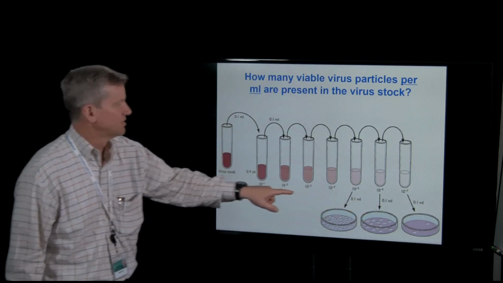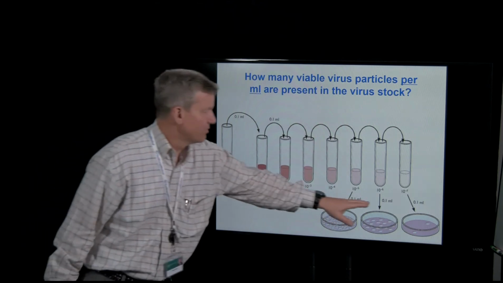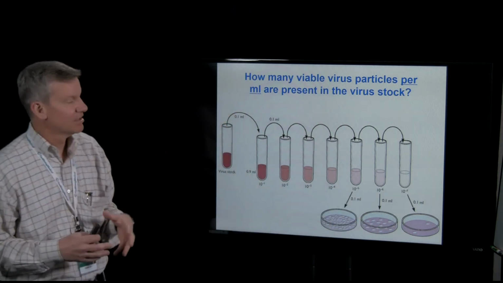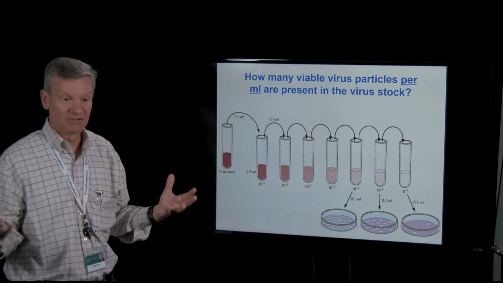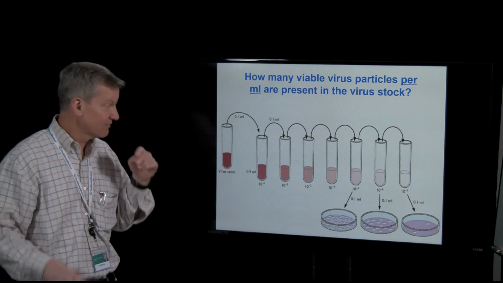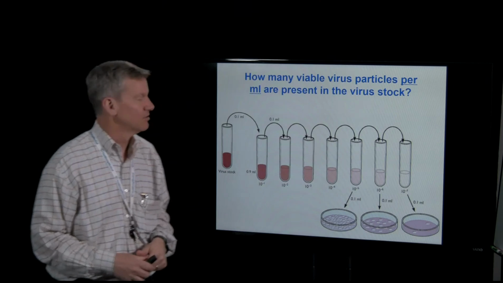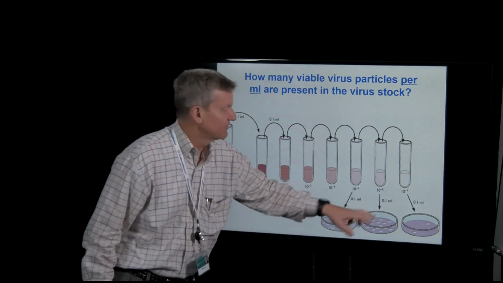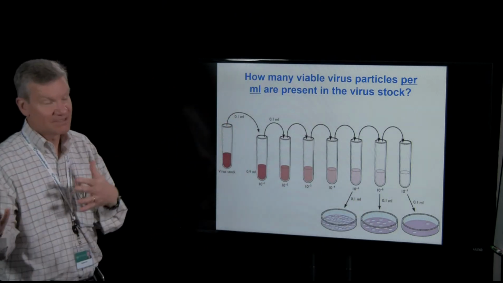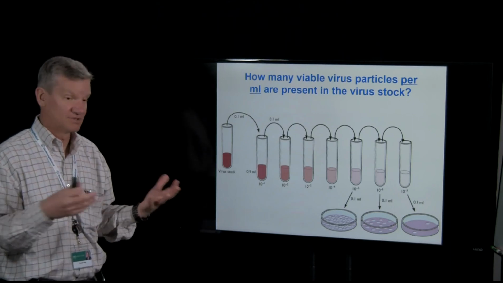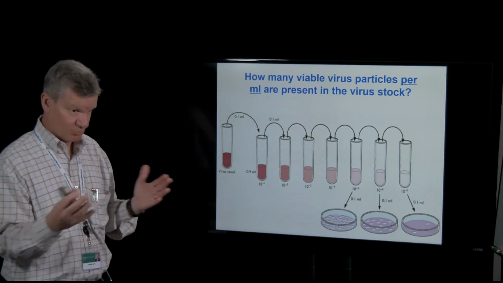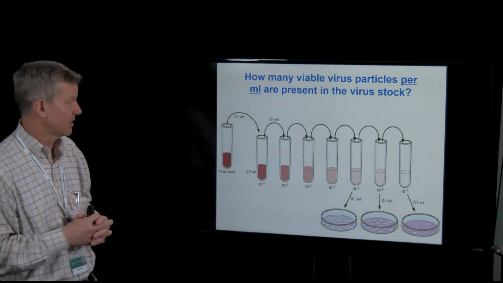If I used a whole mil and got 15 plaques, that would be 15 times 10 to the 6th. But since I only used a tenth of a mil, I have 1.5 times 10 to the 8th, or 15 times 10 to the 7th. You can move the decimal back and forth however you like.